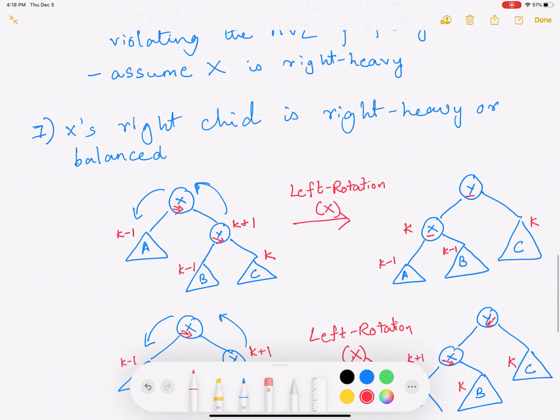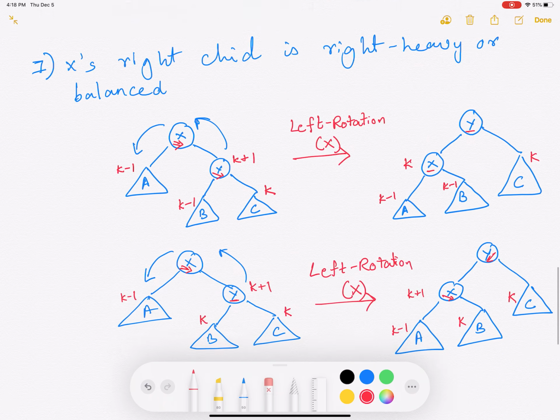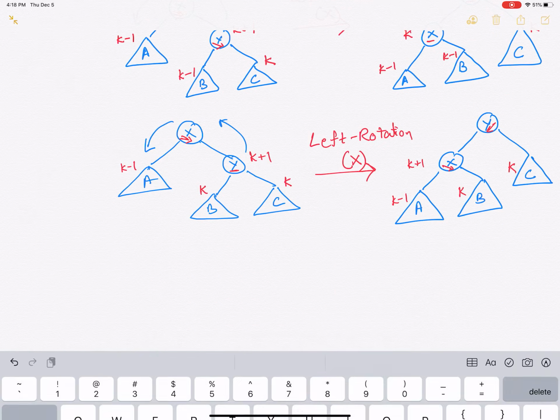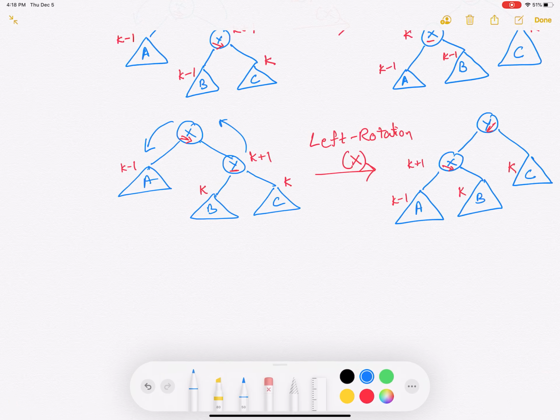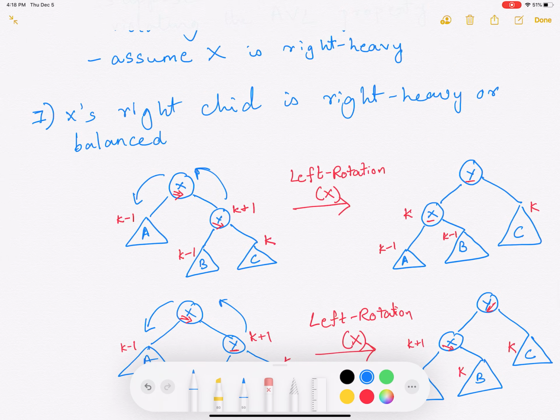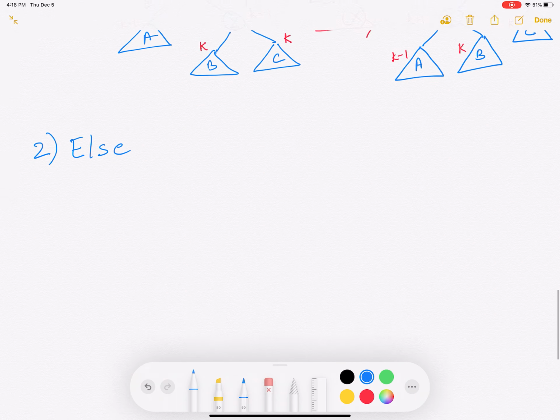So this is the first case: X's right child is right heavy or balanced. The other case is case 2, which is else. If X's right child is not right heavy or balanced, that is, it is left heavy, that's the else case.